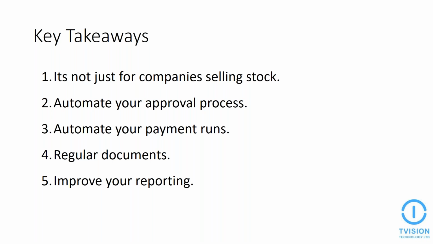Can you currently do that in how you tackle purchase ledger, or could it be done using purchase ledger now? How automated would you like your regular and ad hoc payment runs to be? What type of documents do you need to produce regularly, such as remittance advices? And again, could that be done using this solution? If you're not measuring it, you're not managing it. So using purchase ledger could help you in your reporting process. Consider what you need to report on, and could you use purchase ledger to help you with this.